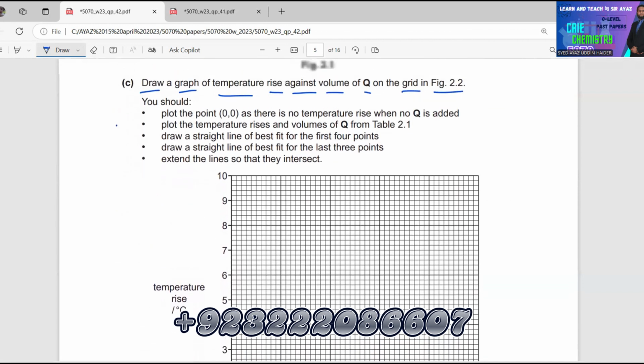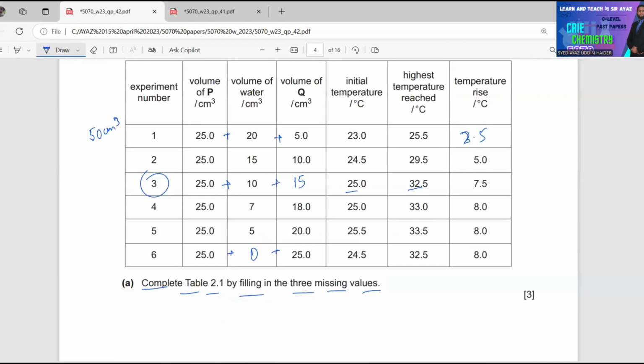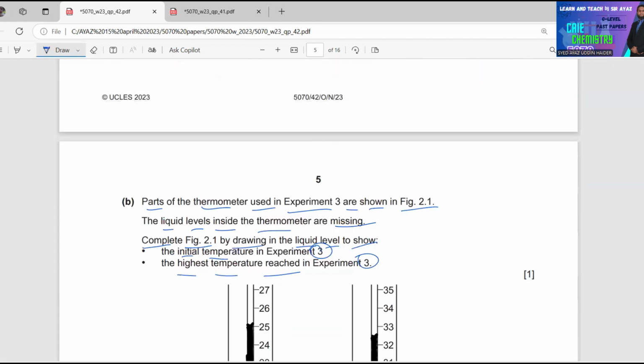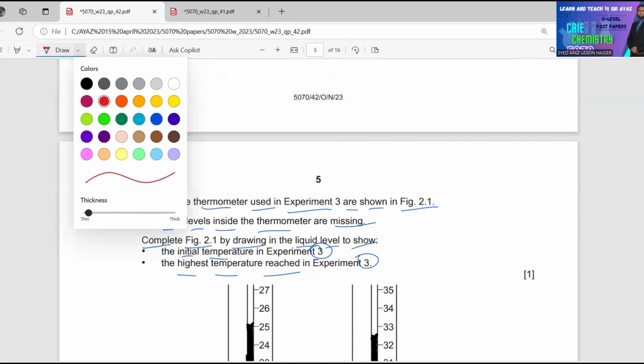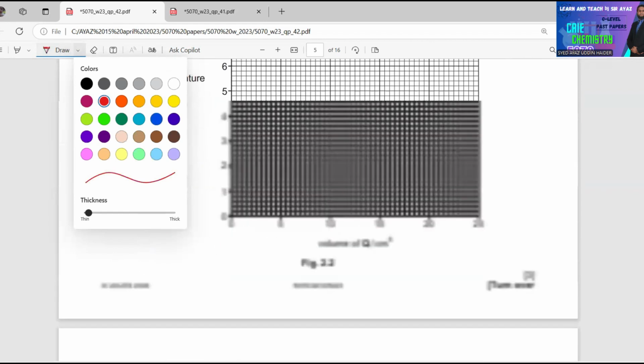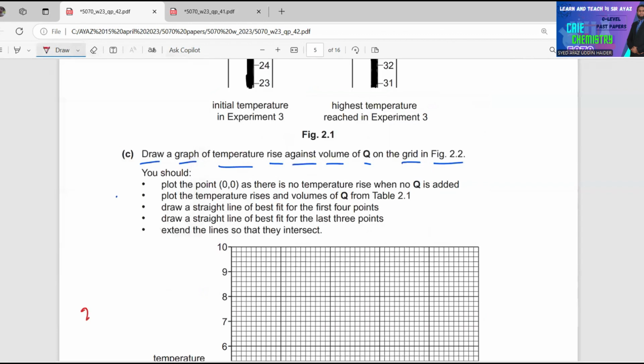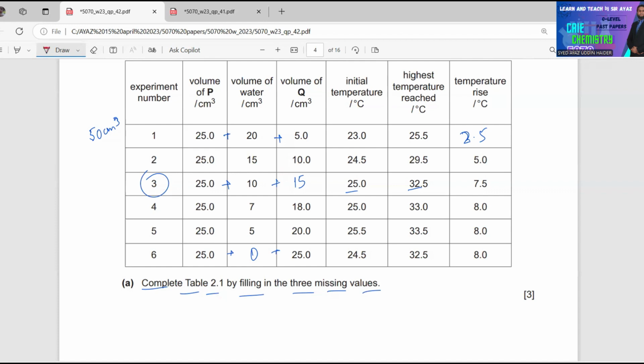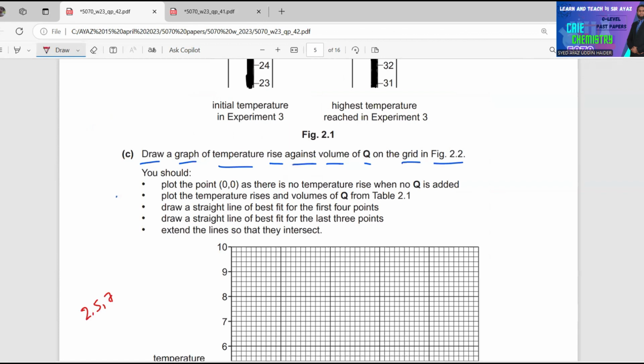So first of all I am writing down the temperature rise. So we have temperature rise 2.5, 5, 7.5, and 8.